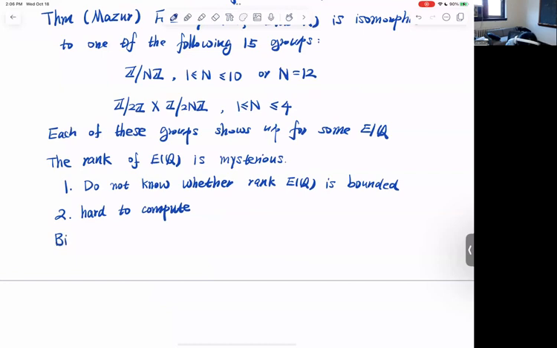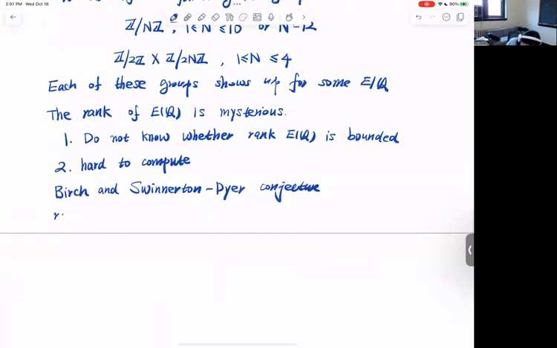The Birch and Swinnerton-Dyer conjecture conjectures that the rank of an elliptic curve over Q is determined by its L-function.